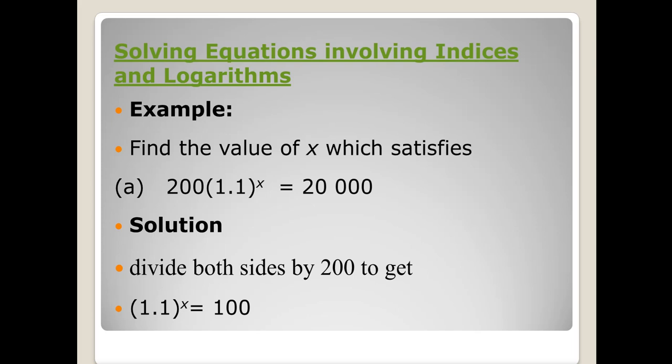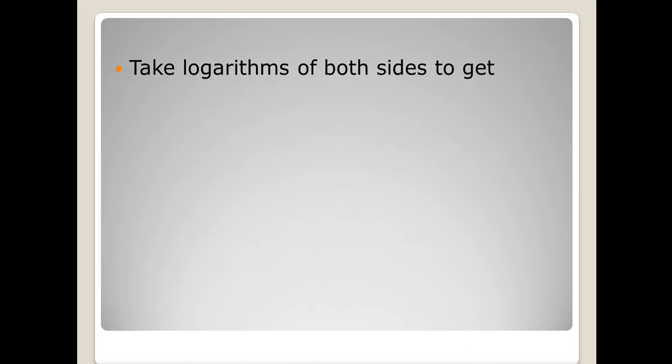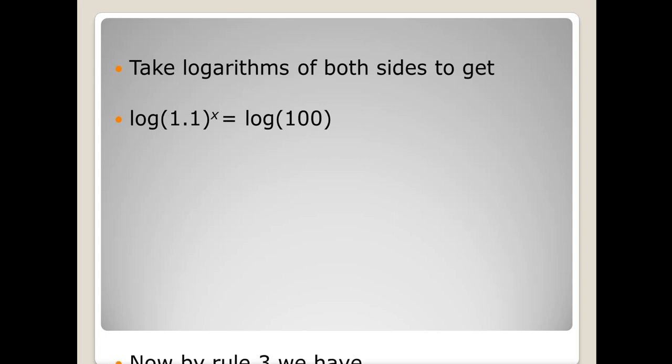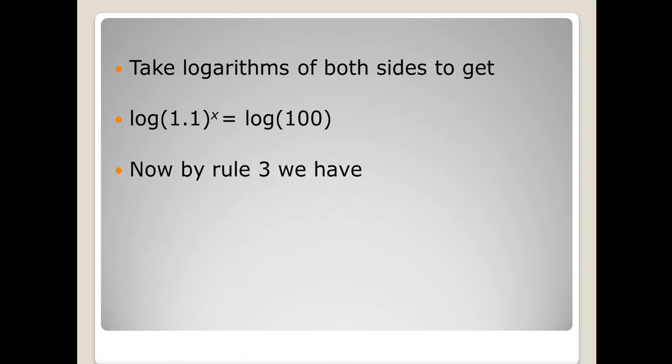Then the next step is we take the log of both sides of this equation. So take logarithms of both sides. We will get log of the left side of the equation equals log of the right side of the equation. Now, based on rule 3 of logarithms, this x can be brought in front of the log.